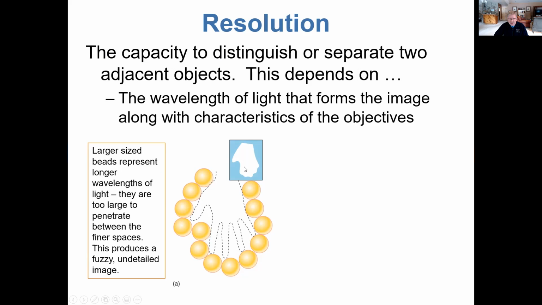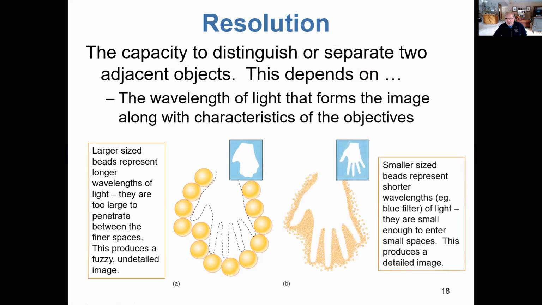If we were to utilize smaller wavelengths of light, as evidenced by the smaller circles now, we would be able to pick out the 5 fingers. We would obviously identify that as a hand. And that's exactly what the compound light microscope and other microscopes do.